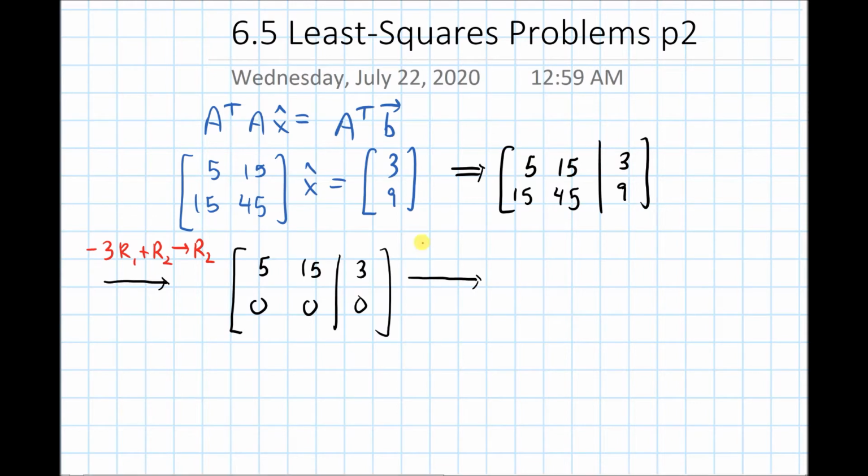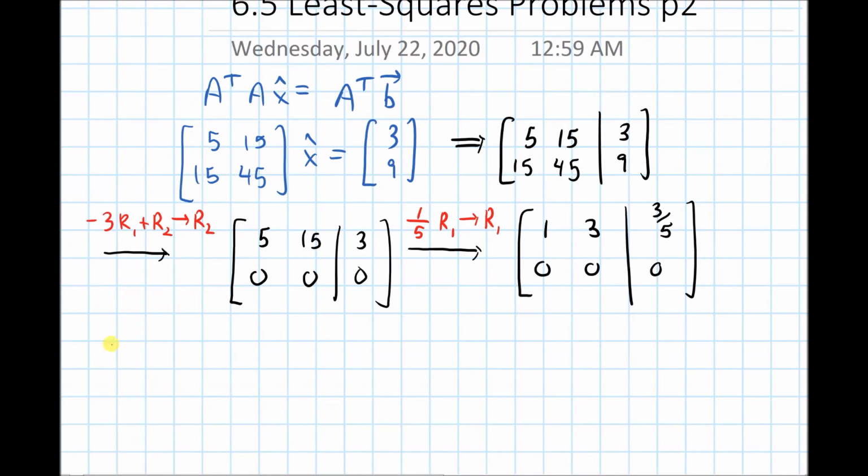I'm going to keep row reducing to put the matrix into reduced form. We need to multiply the first row by 1/5 and insert that into the first row. So we divide the first row by 5 and get 1, 3, augmented with 3/5, and then 0, 0, 0 for the second row. At this point, we're ready to write down the equation for our rows.